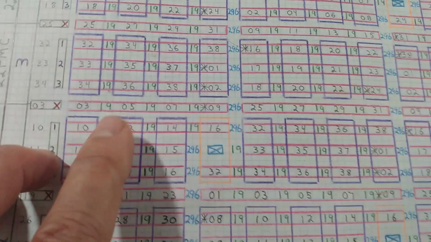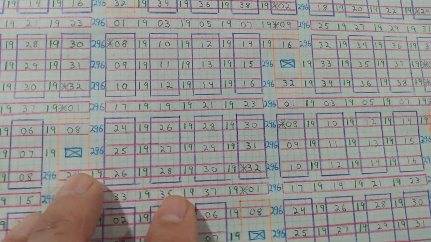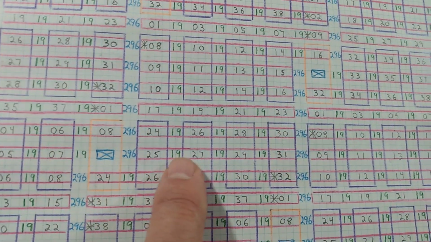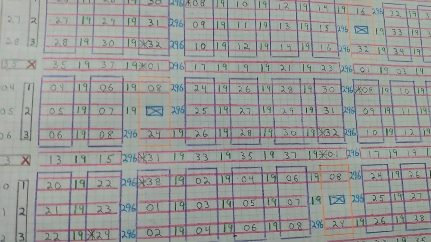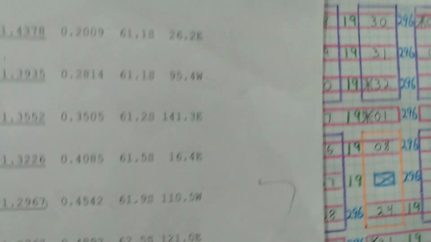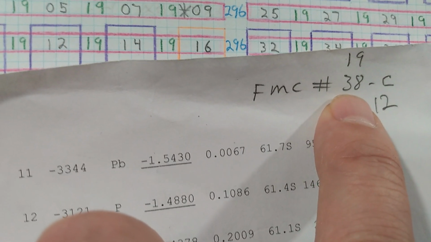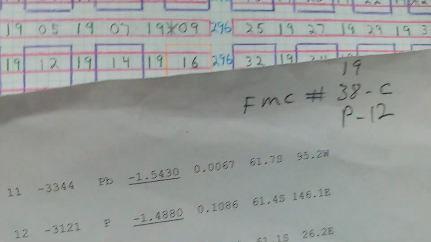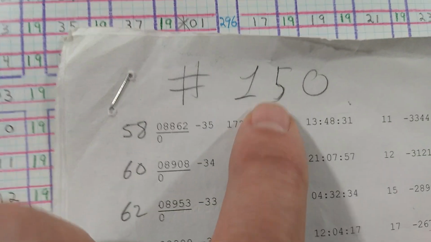So here's a super interesting thing that happens in here. Every one of these, again, are moving in these 296s and these 19s. These numbers that are on here, you see this 38? 38 equals the Saros cycle number 150.